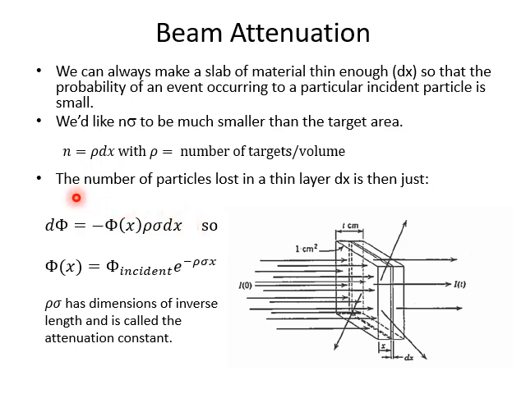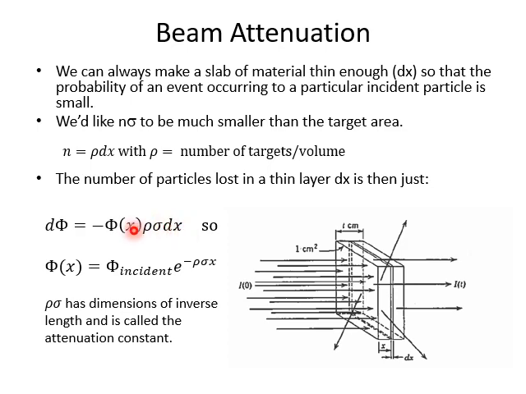And so if we think about particles incident upon a very thin slab here, then the change in the flux of particles passing through a very thin slab, dx, is going to be the flux that's incident on the surface of that slab, which we'll call phi at x, times the number of particles per unit volume, times the cross-section per particle, times dx. So number of particles per unit volume times dx gives me number of targets per unit area, times an area is dimensionless.